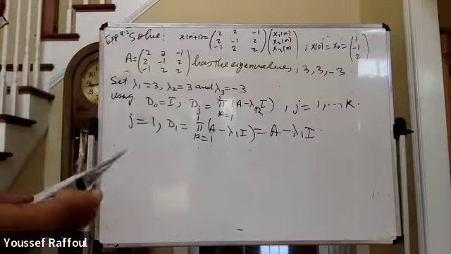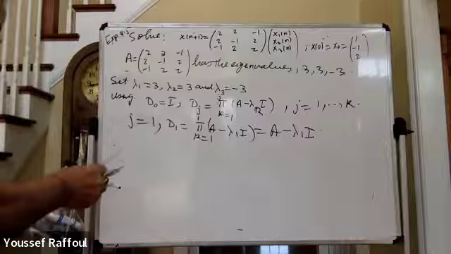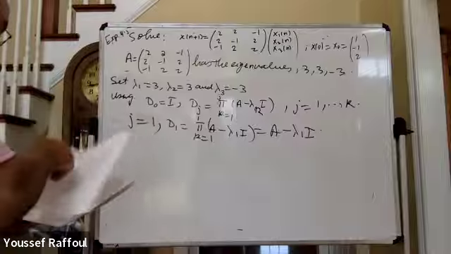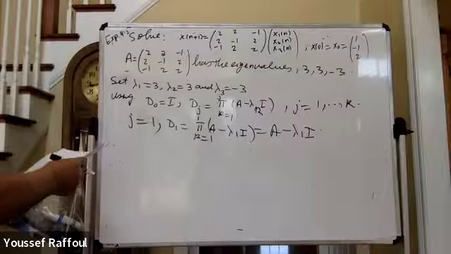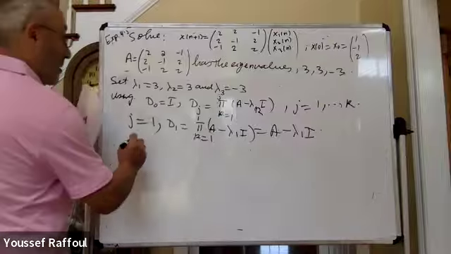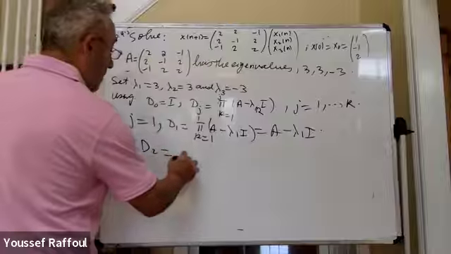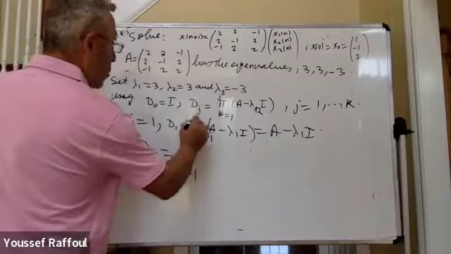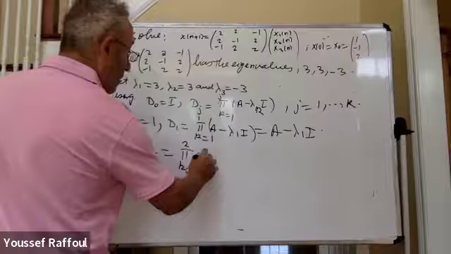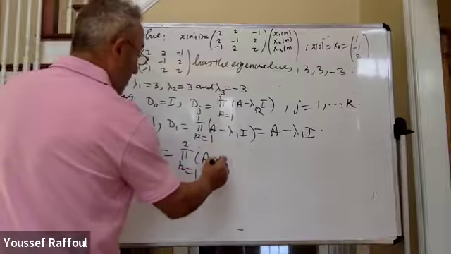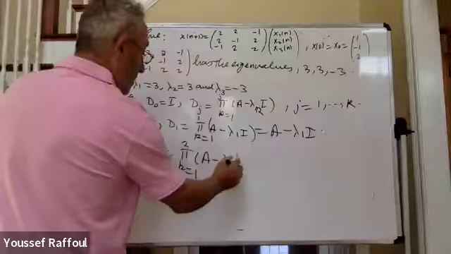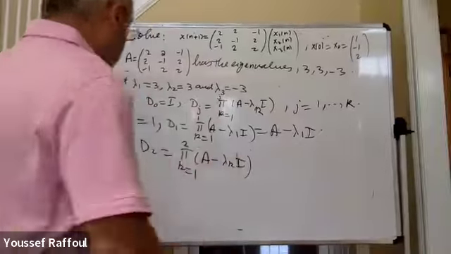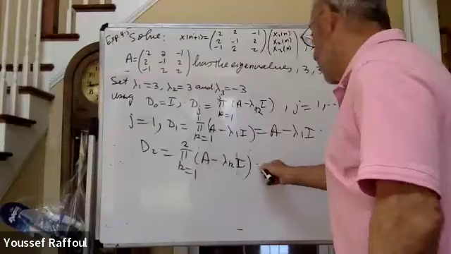So this is what I have. Okay, let's see. And E2 is the product over k equal 1 to 2 of A minus lambda k I. All right, k equal 1 to 2.